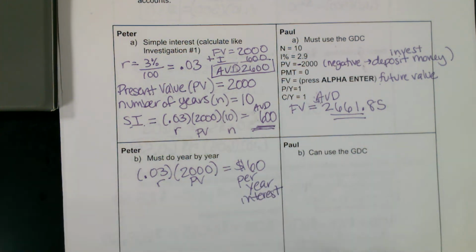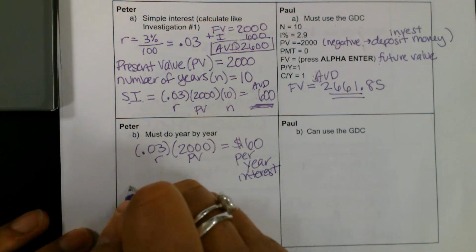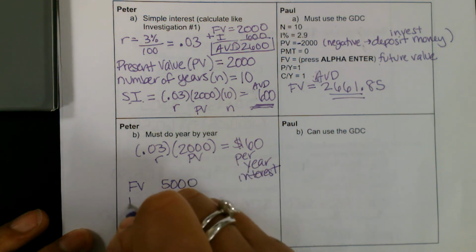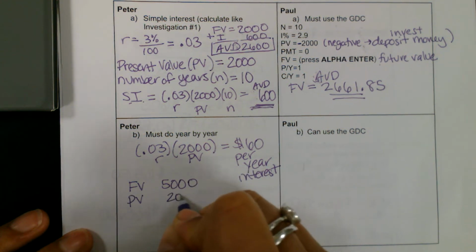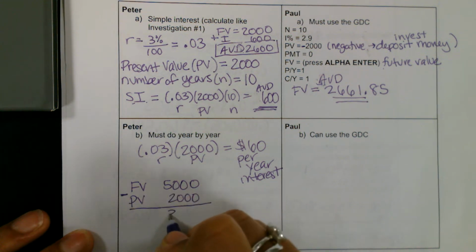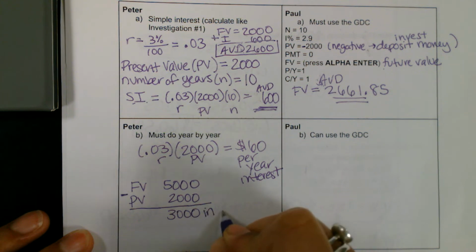The reason why we need to do that is we need to know how much he needs to make in interest to get to that $5,000. So we want a future value of $5,000. Right now, he has 2,000. So let's see by subtracting how much he needs in interest. So he needs 3,000 in interest.